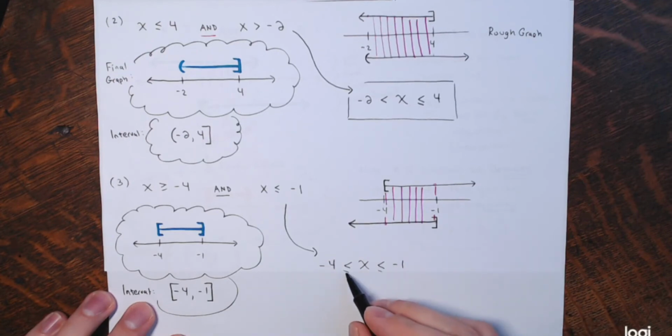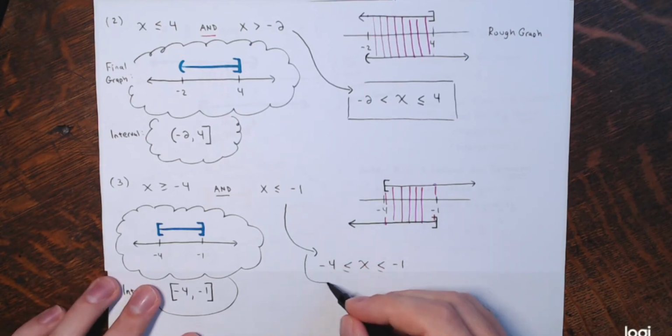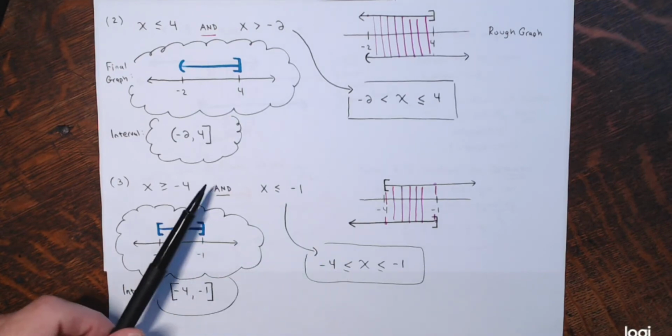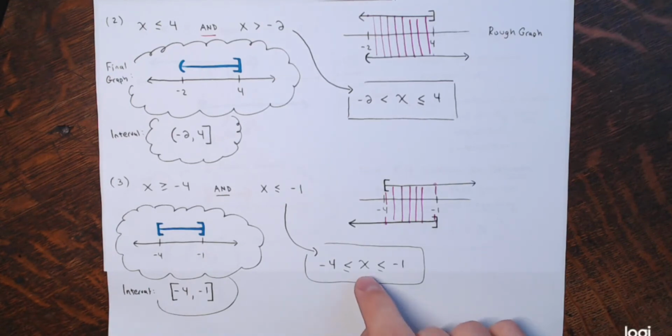So I have less than or equal to. So you could also write this connected inequality, and these mean the same thing, both these inequalities. But one more time, the only time you can do this is if your solutions are between two numbers. Okay.